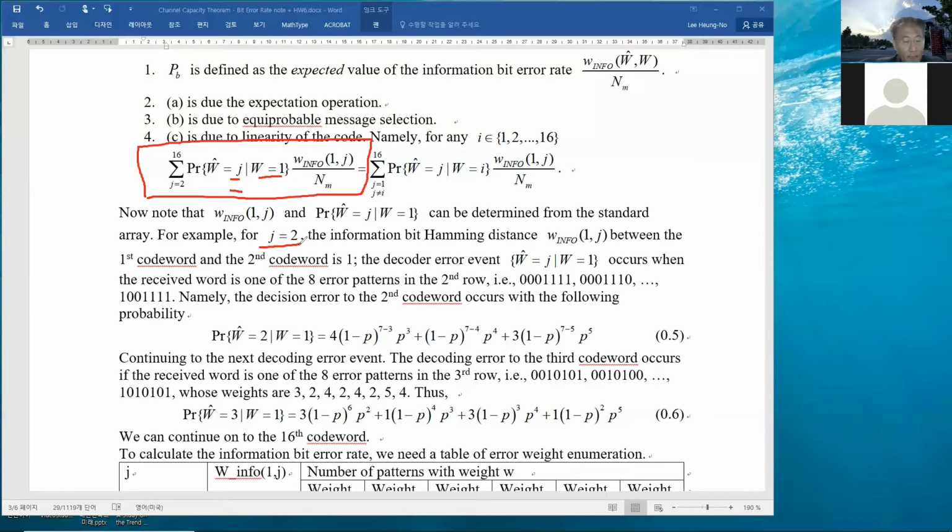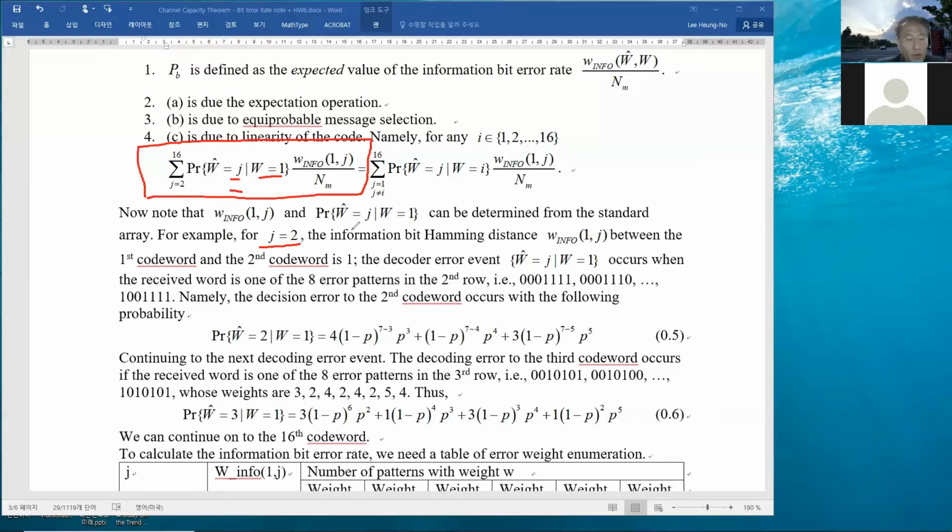So when is it that we make a mistake to the second code word? Basically, that is the case when the received word belongs to the second code word hemisphere, or the second row.